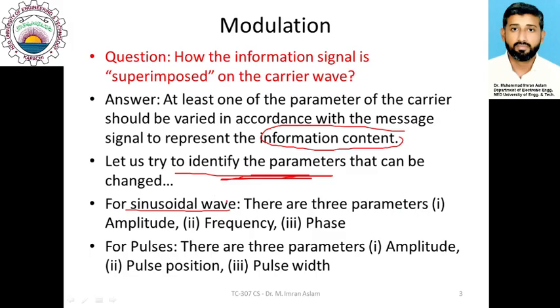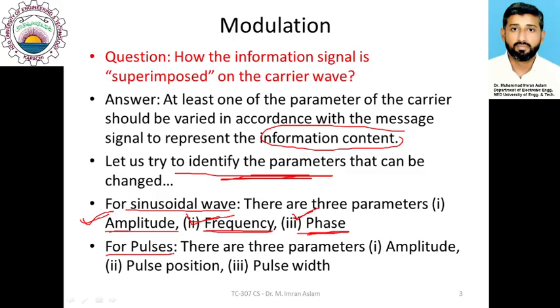You can see that we have previously discussed this as well. A sinusoidal wave has a certain amplitude, it has certain frequency, it can have a certain phase. So basically we have three different parameters that represent the overall sinusoidal wave. In order to represent the information by using a sinusoidal wave, we can either change the amplitude or frequency or phase.